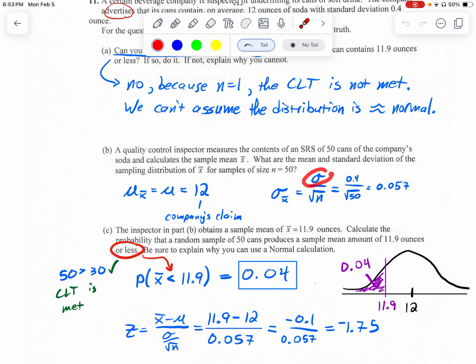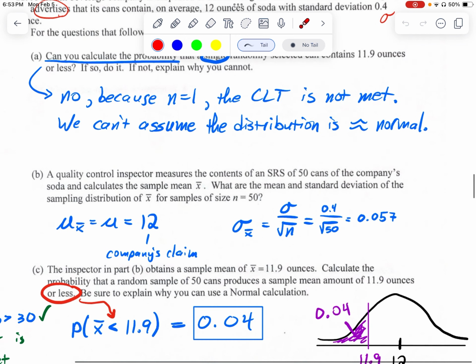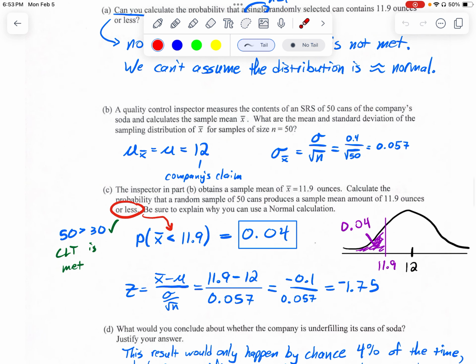And the standard deviation, we're going to divide by the square root of 50. They had 0.4, that would be for one single can, but it gets a lot smaller when you have a sample size of 50. So I'm setting up my sampling distribution to be centered at 12 and to have a standard deviation of 0.057, which then leads me into part C.